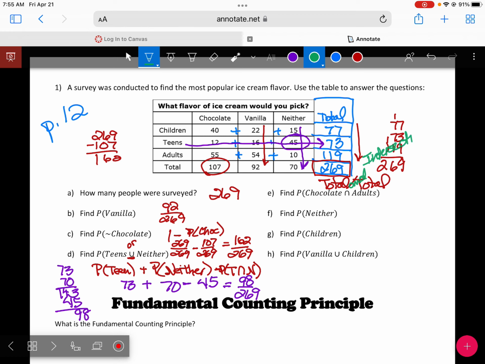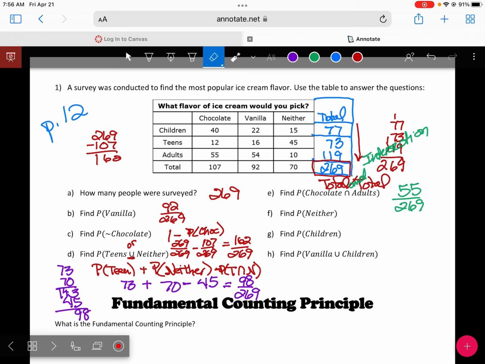Intersection. So chocolate is 107 and adults, I'm doing it in a different color. The intersection is here at 55. So it's going to be 55 over 269. Thank you, Bjorn.